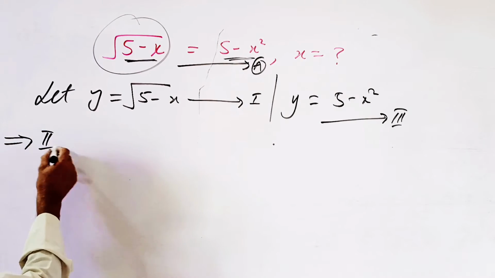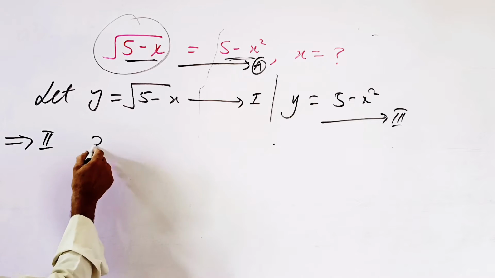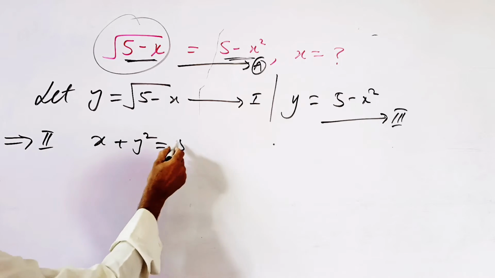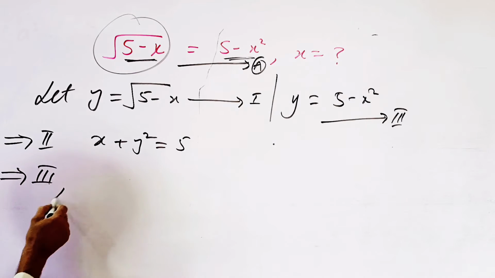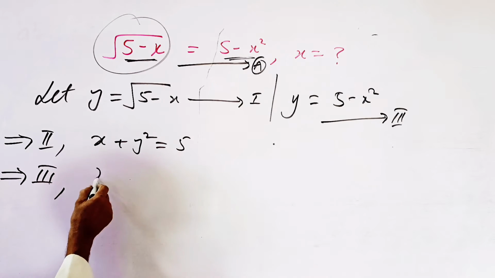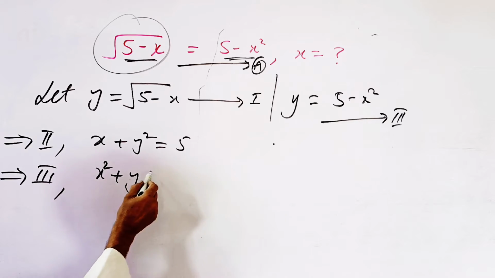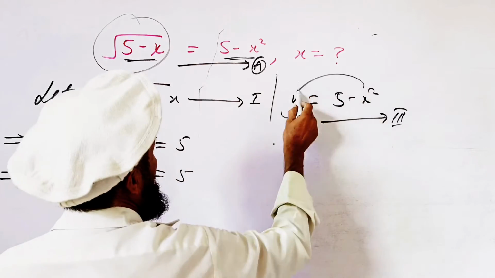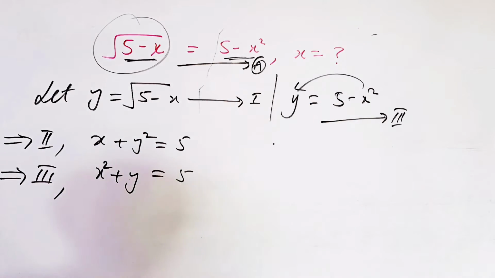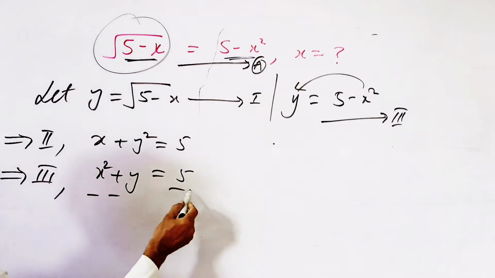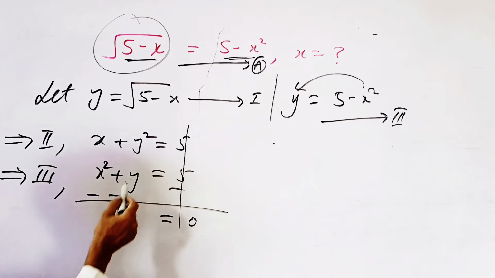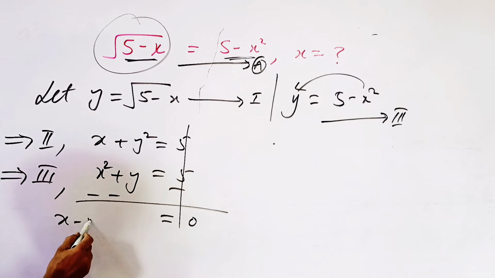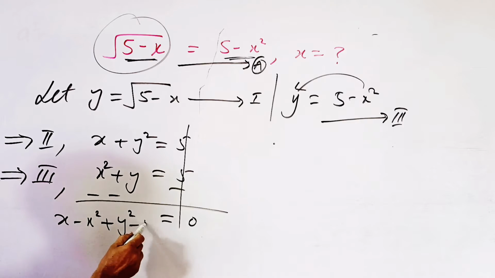Now comparing equation two and three. From equation two, we get x plus y square is equal to 5. And from equation three, we simplify and write x square plus y is equal to 5. Now subtracting these from each other, the 5s cancel and we get 0, and on the other side x minus x square plus y square minus y.